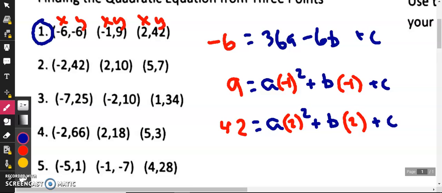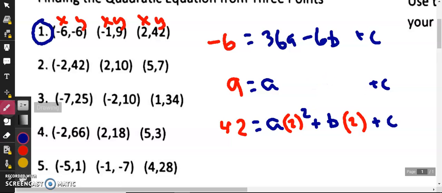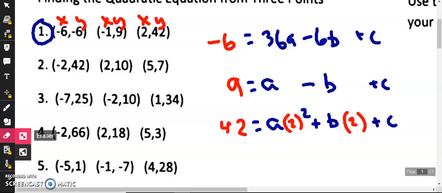In the middle row, I know that -1 squared is a +1. So that guy can just kind of go away. I know that b times -1 would make a -b, so I need a -b in the middle. And then on the bottom, I know that 2 squared gives me 4, so this is going to change to a 4a.